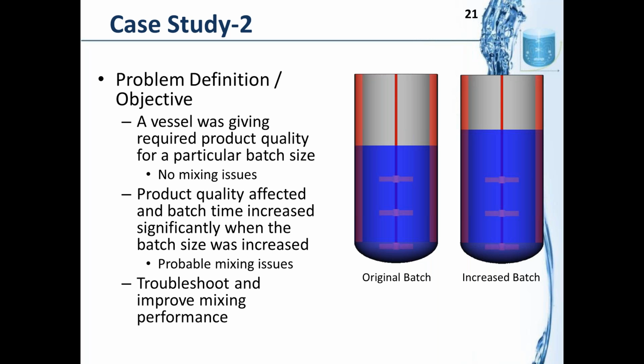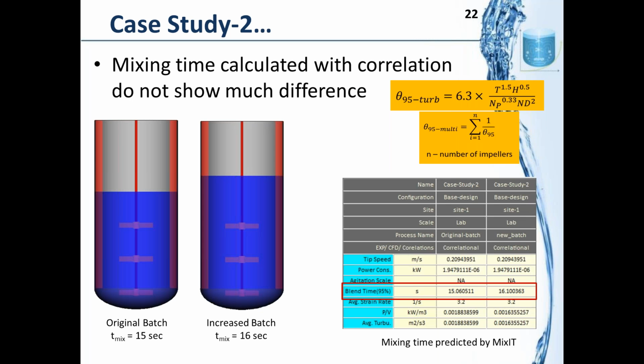Typically, one can use the correlations, as we see now, to calculate the mixing time. You can use Mixit again to quickly select and understand what the correlation gives. Here you can see that the mixing time is the same in both cases, for the original batch and the increased batch. So the correlation is telling us that the mixing is the same in both vessels because the time is the same.